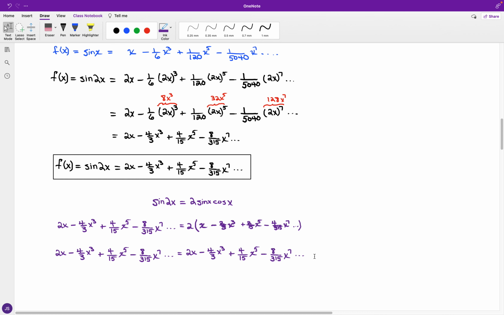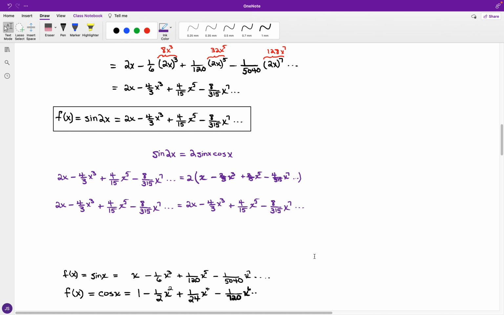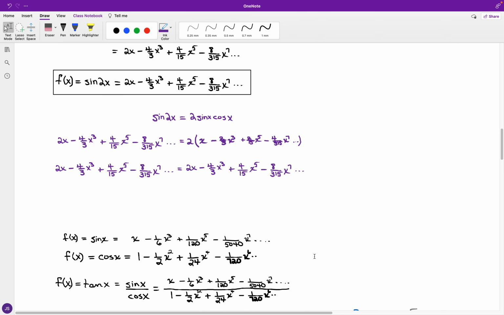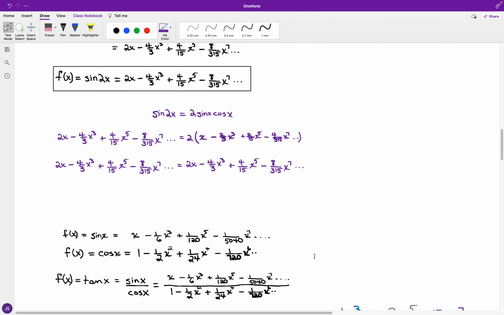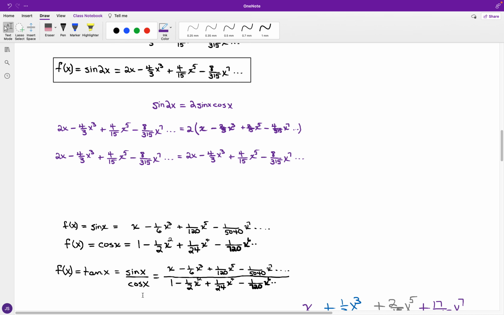Now, looking at the next item, we have the quotient function that relates sine of x and cosine of x, where sine of x is in the numerator, cosine in the denominator. We have the tangent function, in Maclaurin series terms. The tangent of x is the quotient, again, sine of x divided by cosine of x.